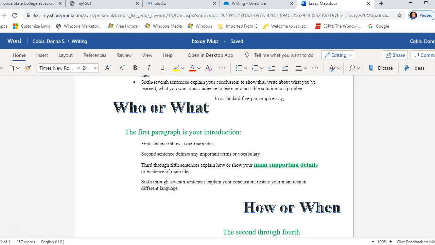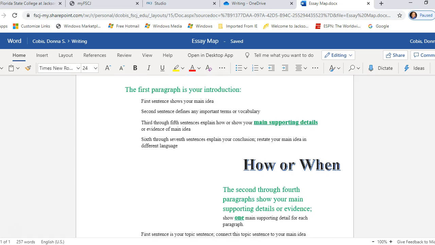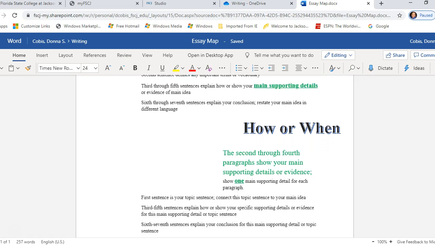The next few sentences could explain, or rather briefly support, that main idea. And then the last few sentences would explain our conclusion. So remember those supporting details. We might have two, possibly three supporting details, and they will become the basis of our next few paragraphs.